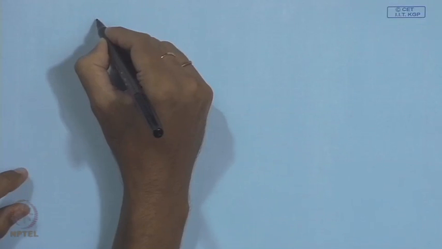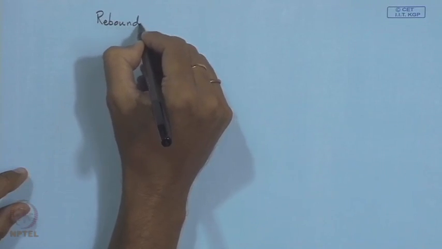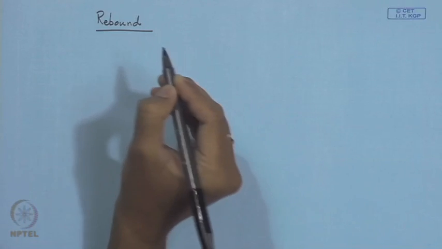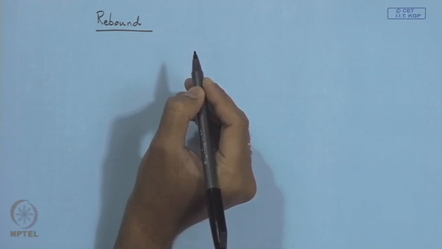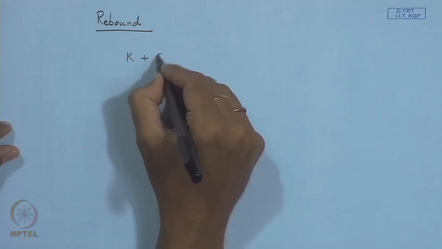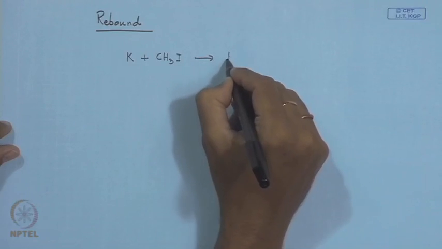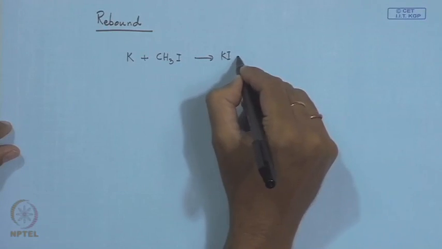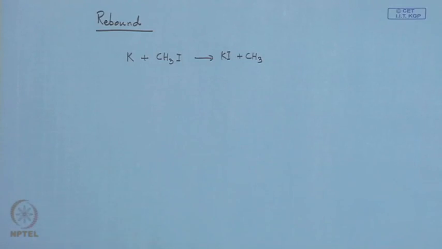Next, rebound. What is this rebound? Think of a reaction like K plus CH3I giving rise to KI plus CH3, where the product is rebounding.